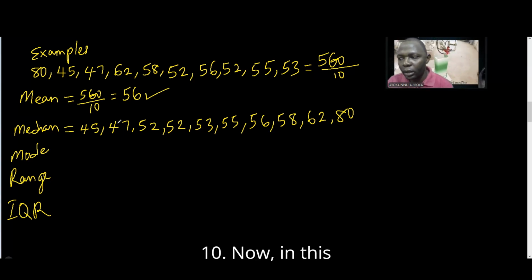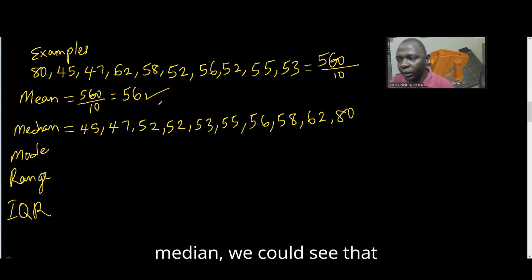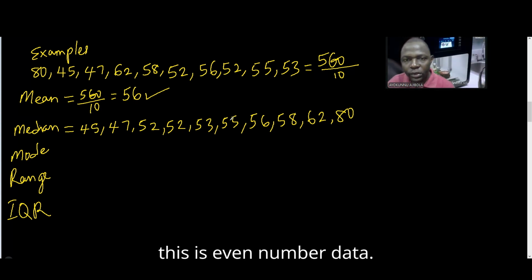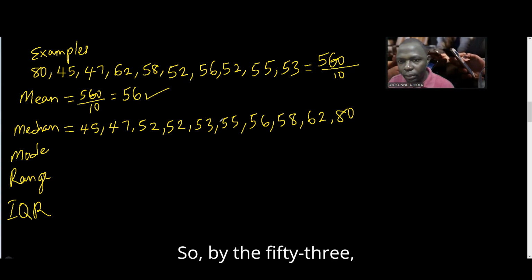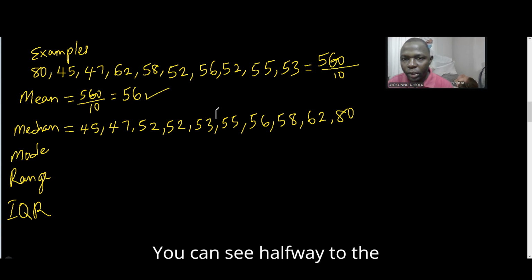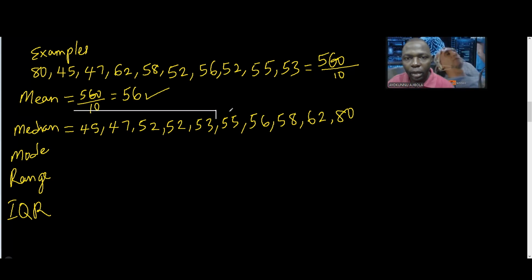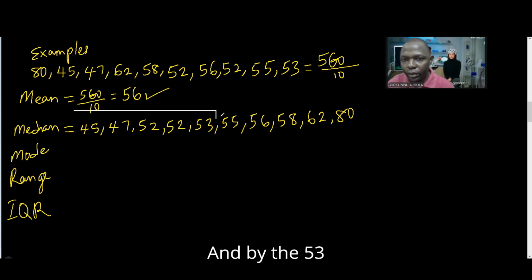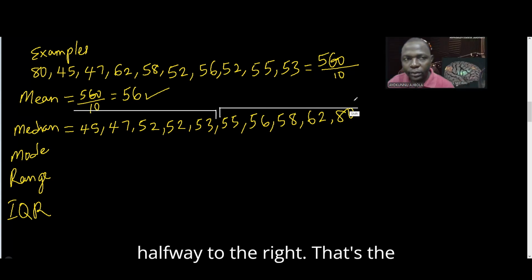Now, in this regard, to find our median, we could see that this is even number data. So by the 53, we can see halfway to the left, and by the 53 also halfway to the right.